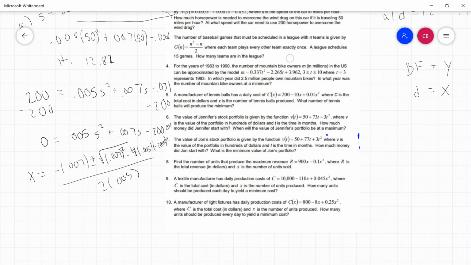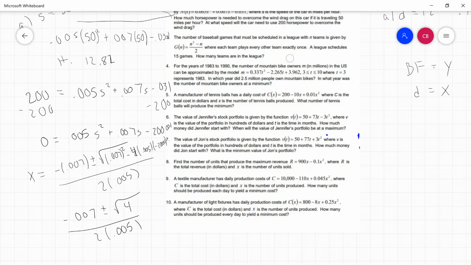And if I do all of this, so this is going to be plus 4 times 0.005 times 200.031. Okay, so this is negative 0.007 plus or minus the square root of that, over 2 times 0.005.